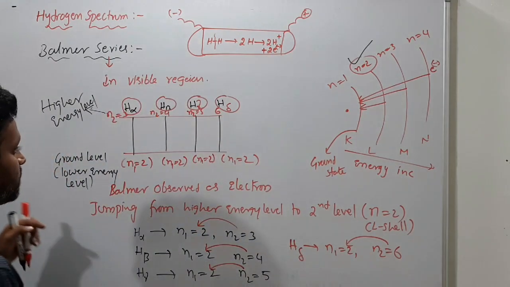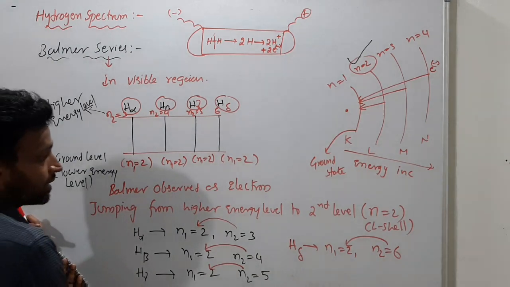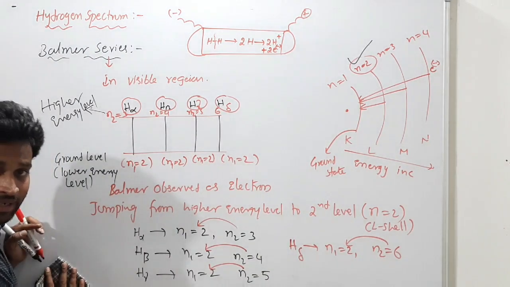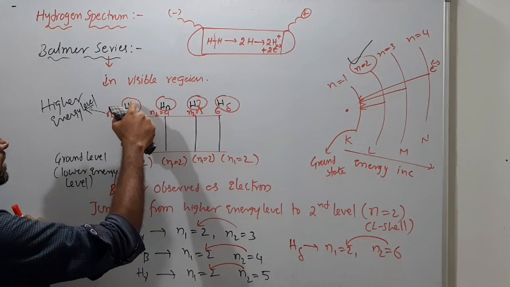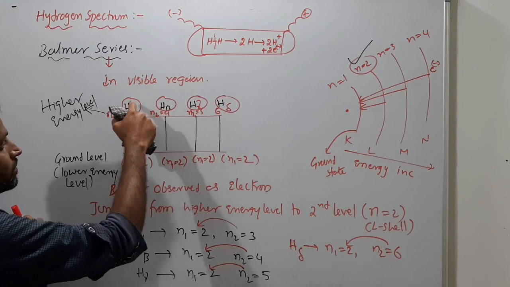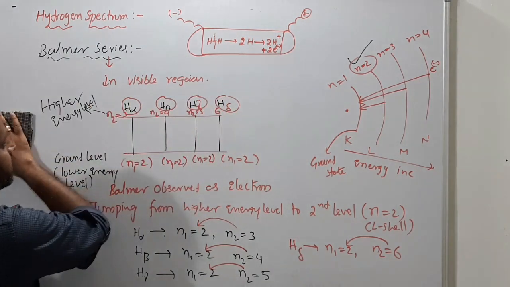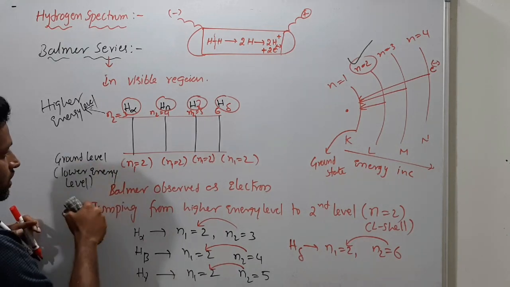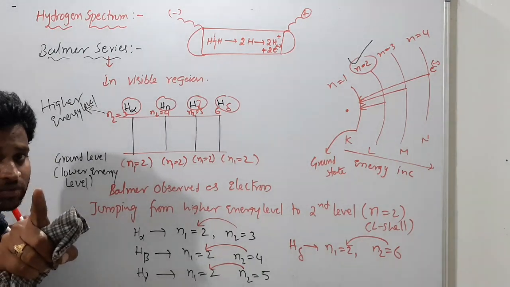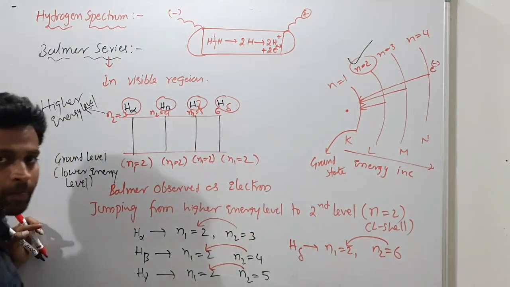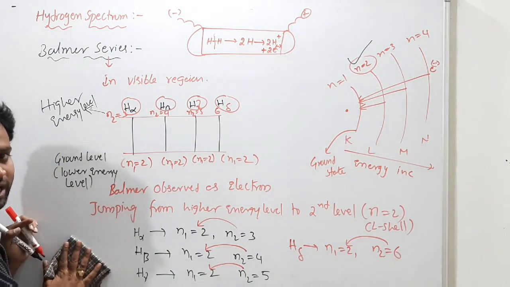So what did Balmer observe? The electron jumping from a higher energy level to the second level, and those spectral lines he represented with H alpha, H beta, H gamma, H delta like that. So N1 is the ground level; ground level for Balmer means 2. Remember this. In general, as I told you first, if they say in general, we have to take the N1 value as 1.